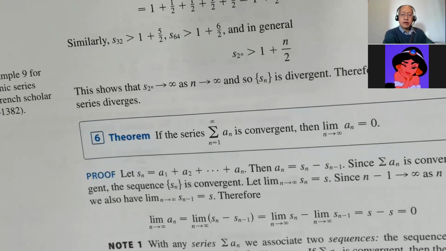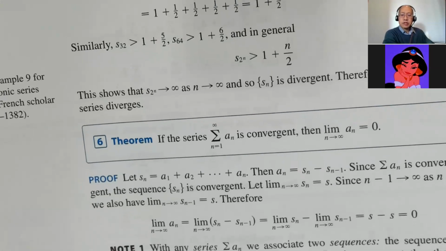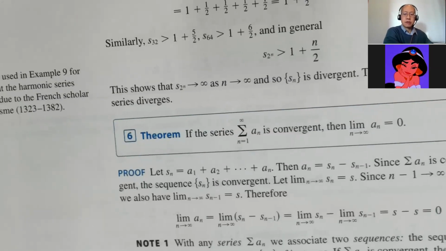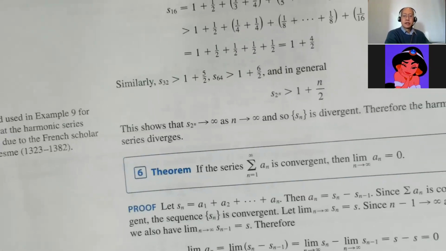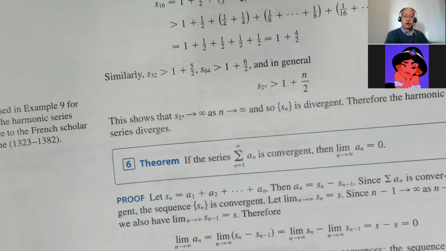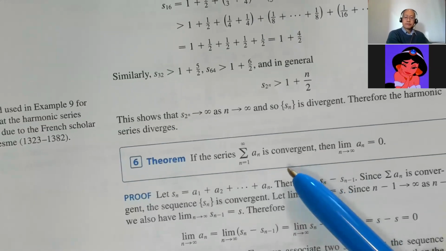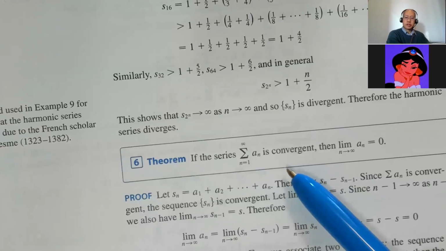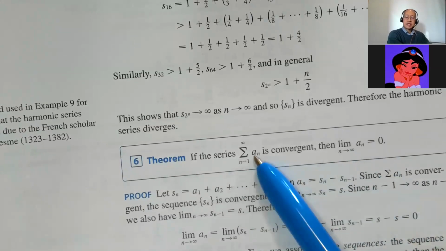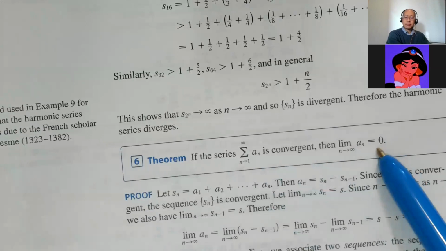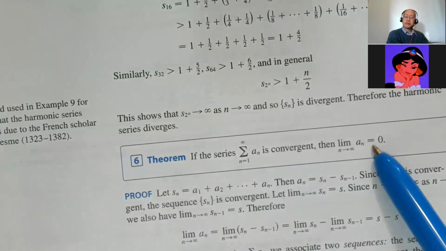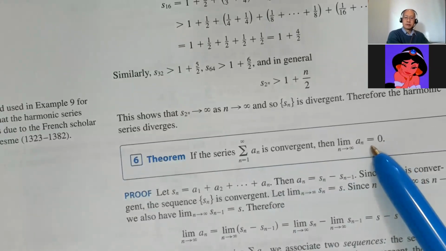If the series is convergent, the limit as n approaches infinity of a sub n equals 0. The text goes over a proof. I won't go over the proof, but I'll just say it is reasonable. If you know the series converges, then the a sub n, the individual terms, have to approach 0. They get smaller and smaller and smaller in absolute value.